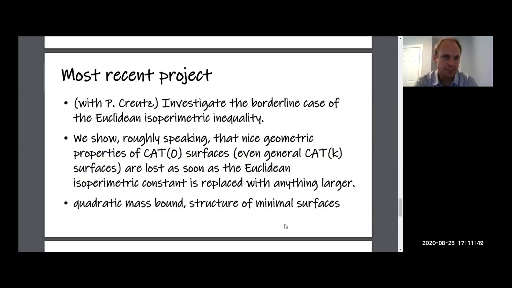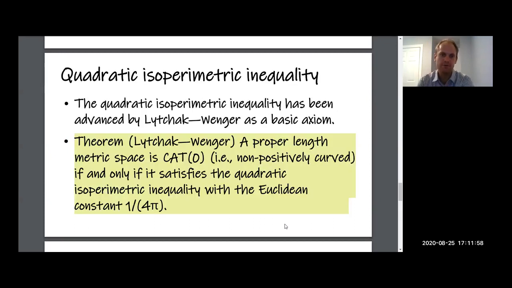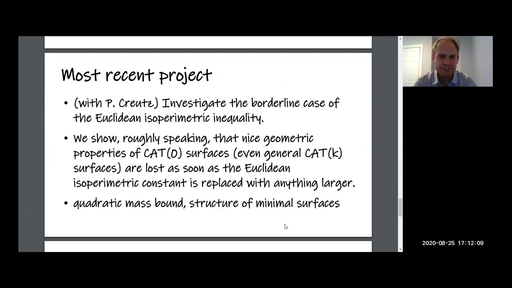In my most recent project, with Paul Creutz at the University of Cologne, we investigated the borderline case. In other words, you could take this Euclidean constant 1/(4π) and replace it with something slightly larger. What kind of possibilities or restrictions happen there? To summarize very roughly, we showed that the nice geometric properties that a CAT(0) surface would have are lost as soon as the Euclidean constant is replaced with anything larger.